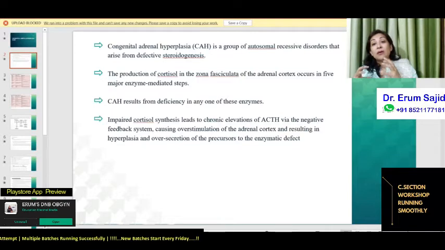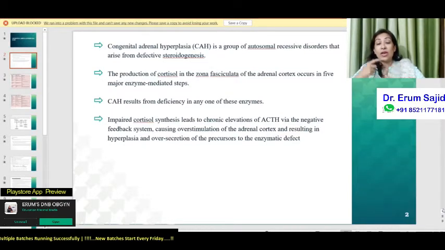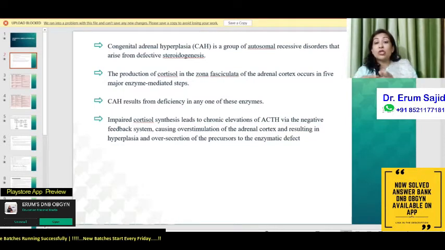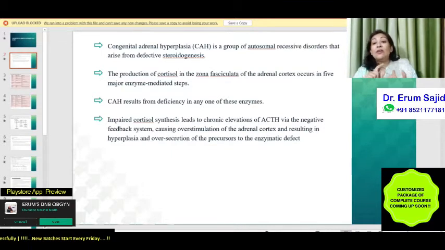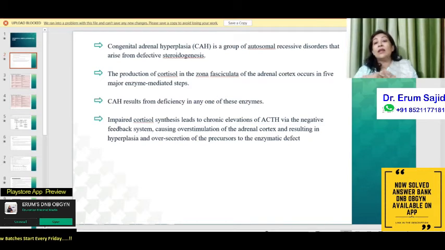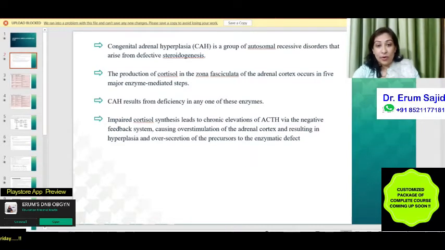The production of cortisol in the zona fasciculata of the adrenal cortex occurs in 5 major enzyme mediated steps, and if that enzyme is missing, the adrenal cortex is just getting the message that it has to secrete that hormone. So in the process, there is more and more hyperplasia of the adrenal cortex, but actually nothing is finally happening. How? That I'm trying to tell you now.